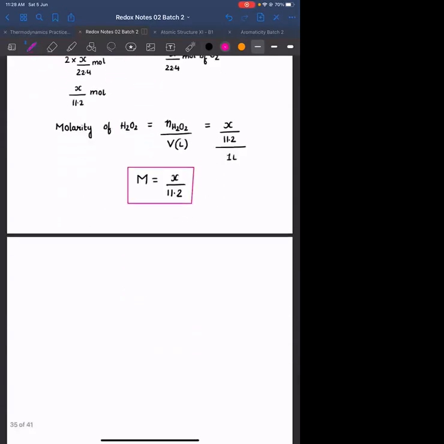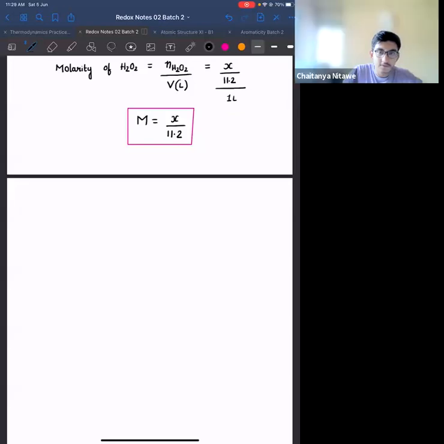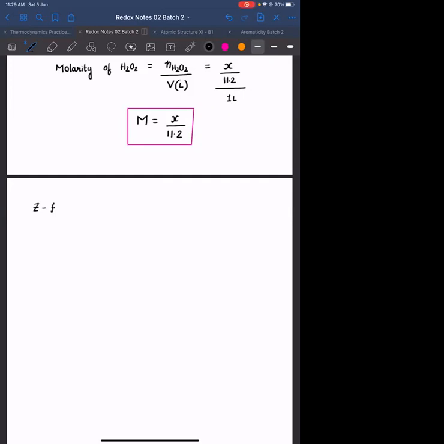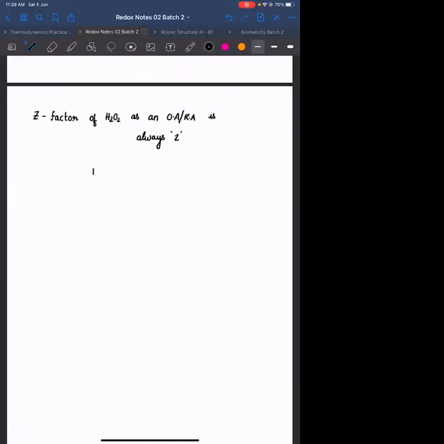No, sir. Okay. We already know the Z factor of H2O2 in any of its reactions as how much? 2, right? The Z factor of H2O2 as an oxidizing agent or reducing agent is always 2. What is the relation between normality and molarity?